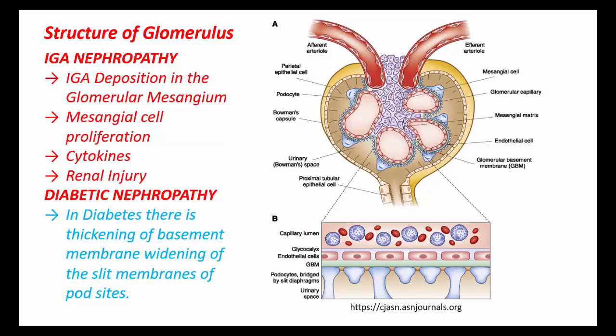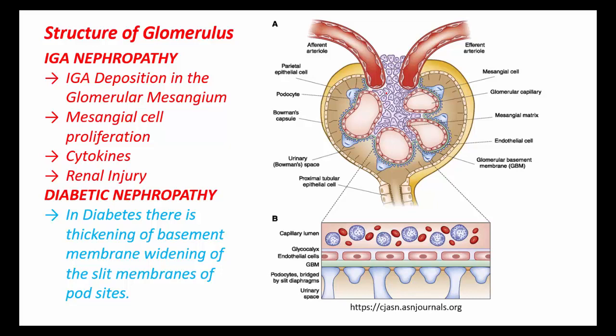They cause an inflammatory reaction which invites cytokines and chemokines to come over here and start the inflammatory process, which destroys the glomerulus and takes away its ability to filter the blood to form urine.